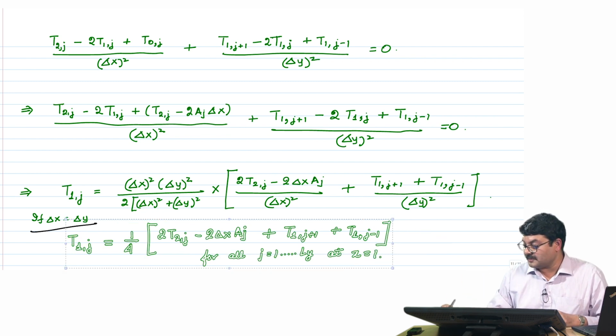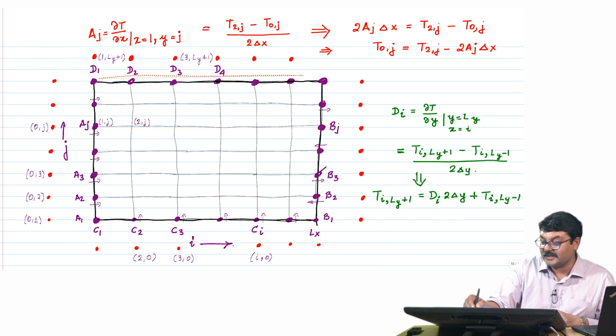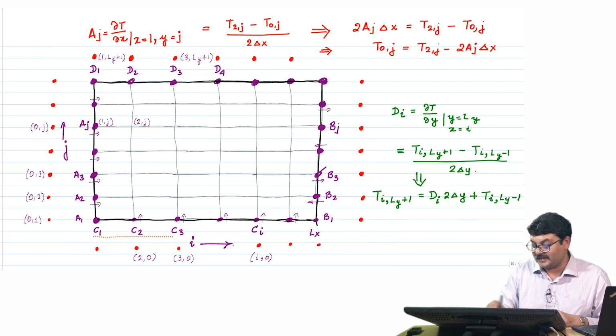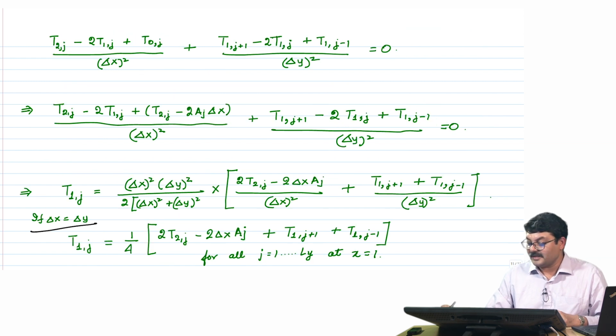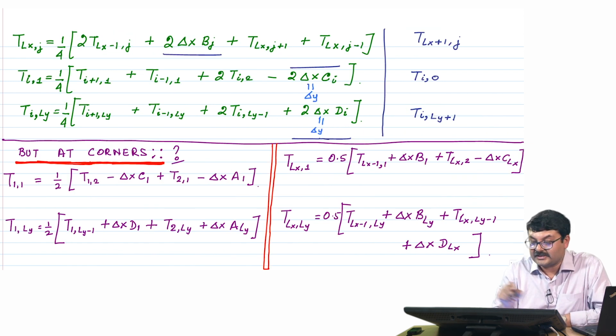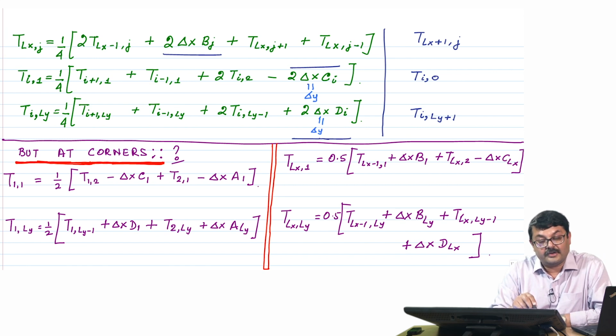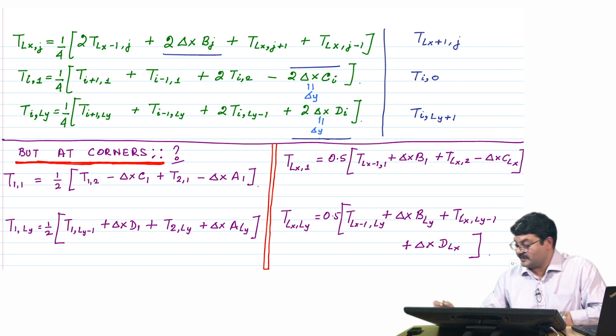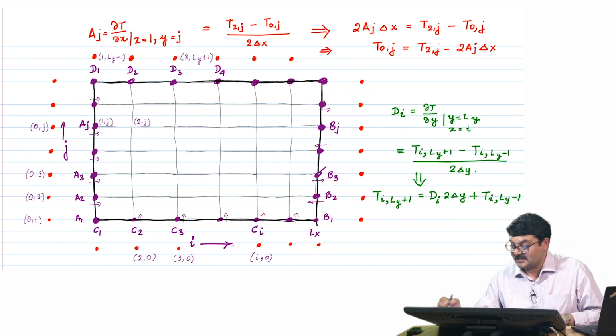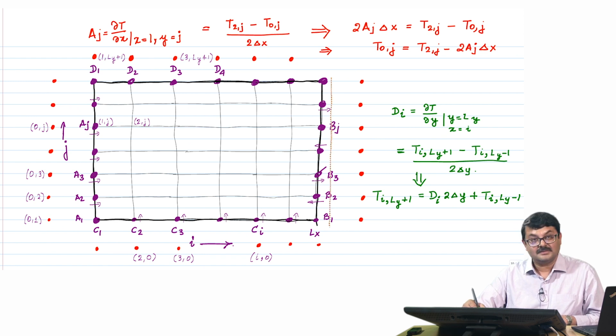Now, for the other boundaries, along this and this and this, you can similarly write down expressions which are written here for x equal to L x for different values of j, which is essentially this boundary x equal to L x, right.